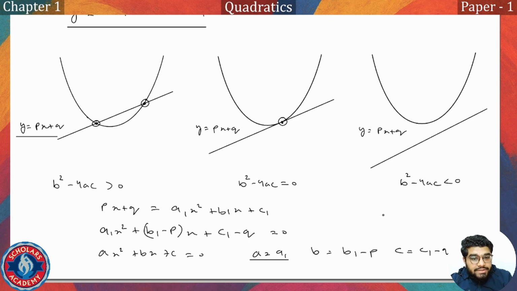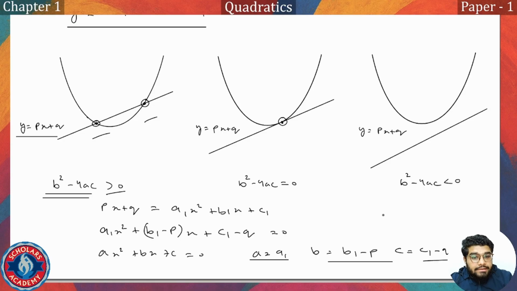So by these values, we'll check our value of the discriminant. If it is greater than 0, we'll get two real roots, and the curve and the line intersect, and there are two intersecting points.